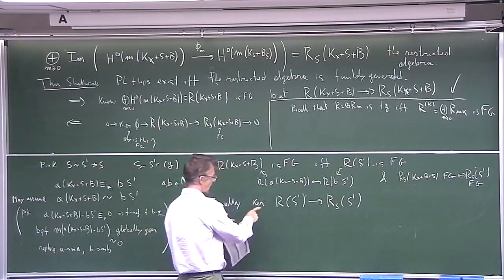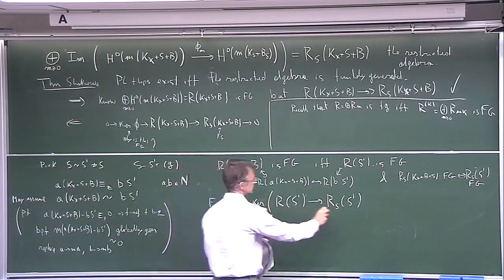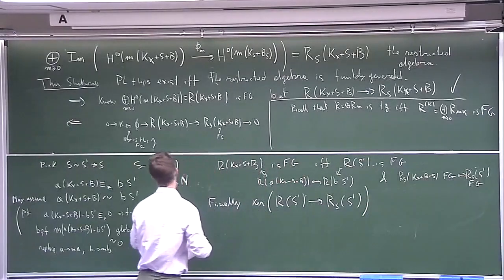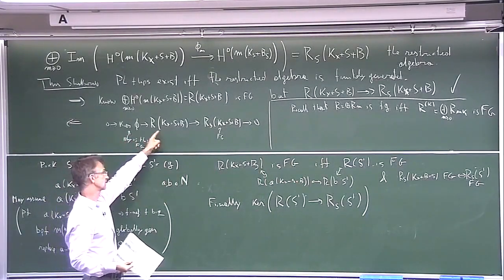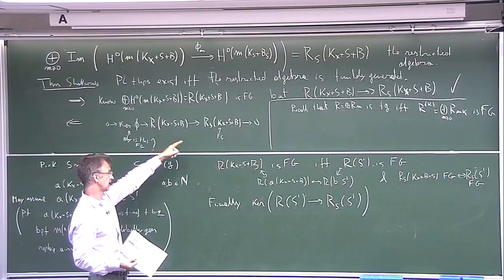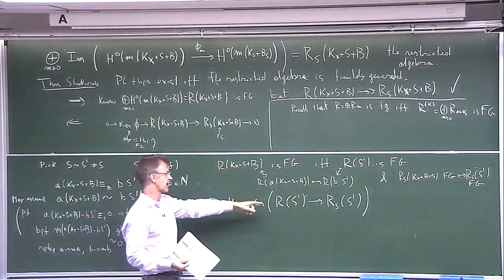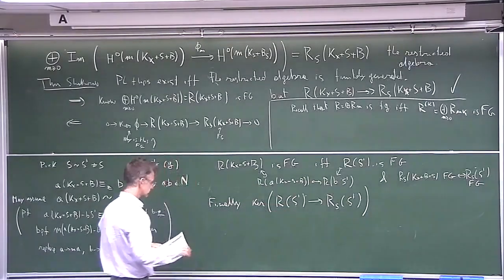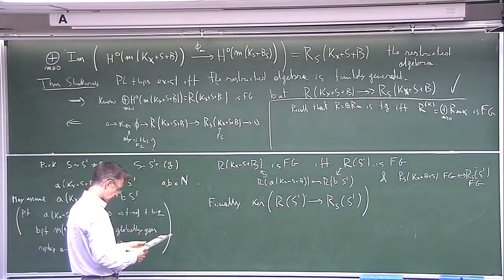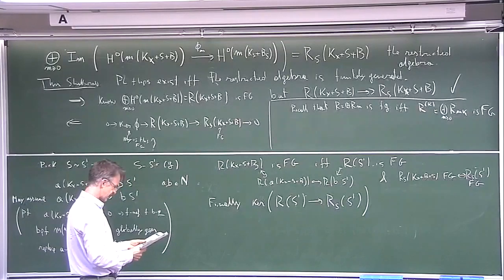Okay, so now I look at the restriction map. So all I've done so far is argue that instead of looking at this exact sequence, the one with K_X + S + B and its restricted algebra, I can look at the exact sequence corresponding to S prime. Okay, so I want to look at the kernel of this.